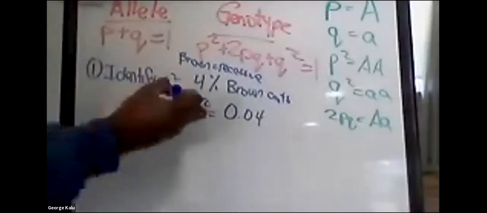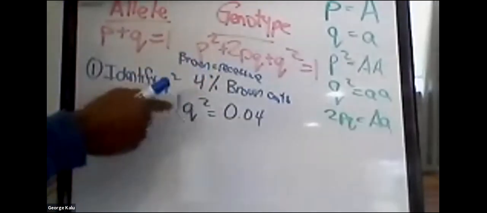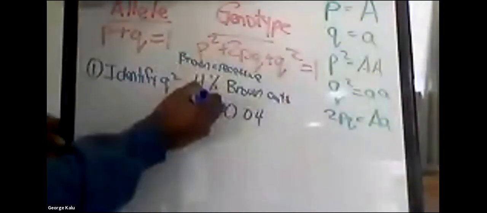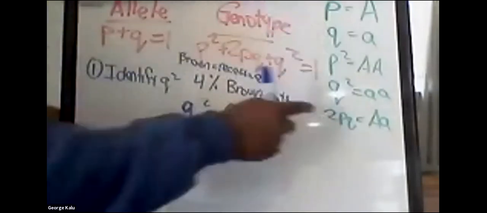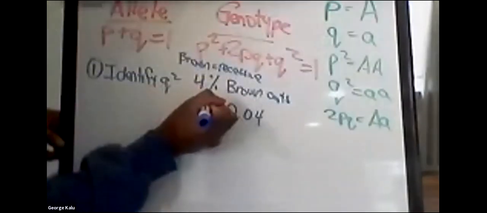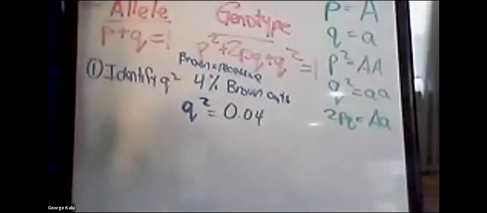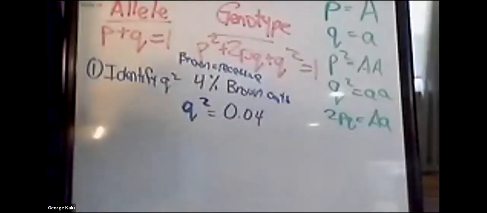That is step number one. Now what we want to do is try to identify the rest of these variables. We have our Q squared. We want to try to find our P, our Q, our P squared, and our 2PQ. So looking at our variables and looking at what we have, what is the next easiest variable to find?